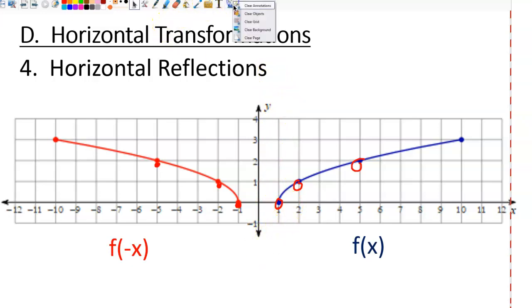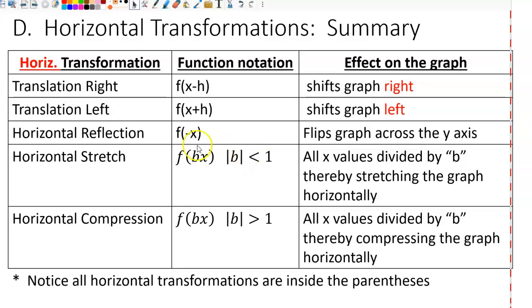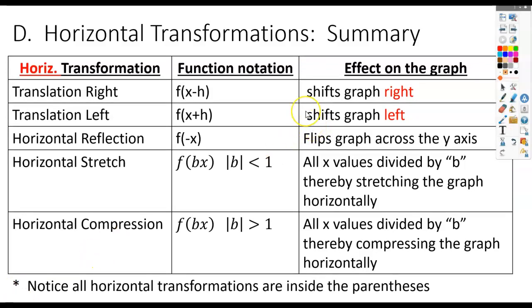So same transformations, but just done inside the parentheses, which means that it's affecting the x value instead of the y value, which means that these are all horizontal transformations. And here's a summary of everything that we just finished talking about. So we have here the summary for horizontal transformations, and what I want you guys to notice is that all the changes now are inside the parentheses, right?